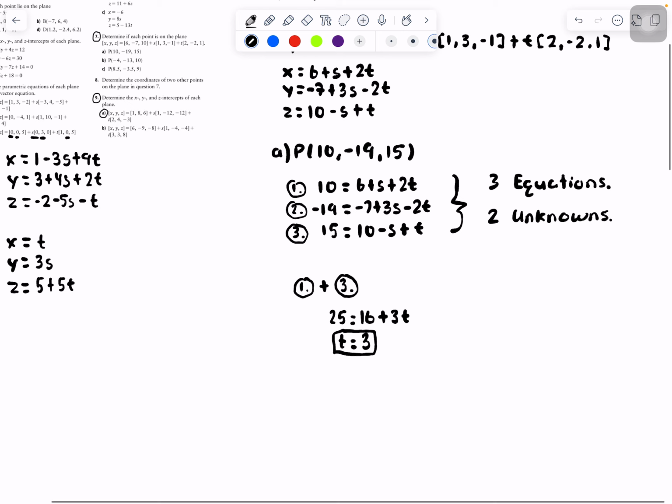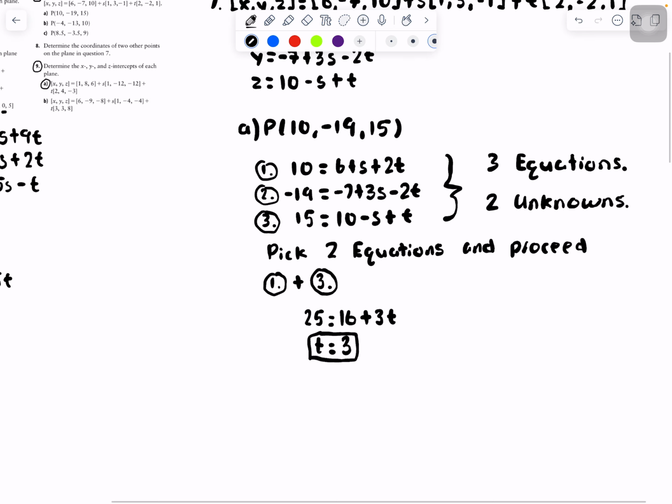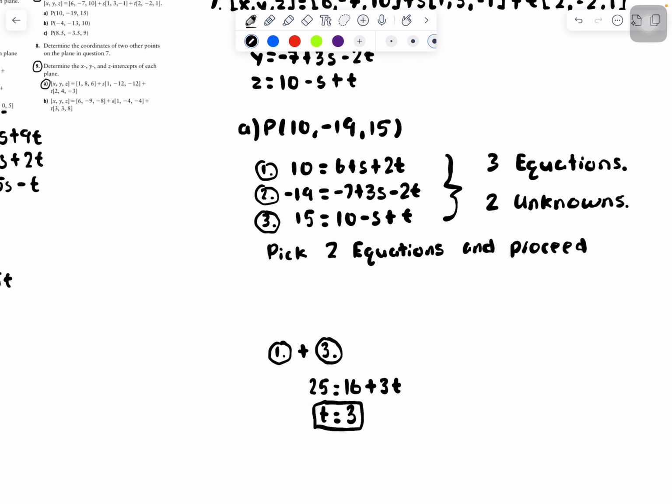So pick two equations and proceed with the elimination process only with the chosen equations.